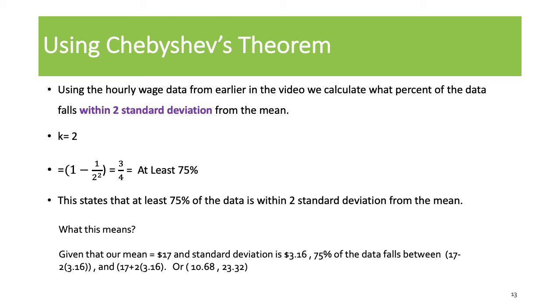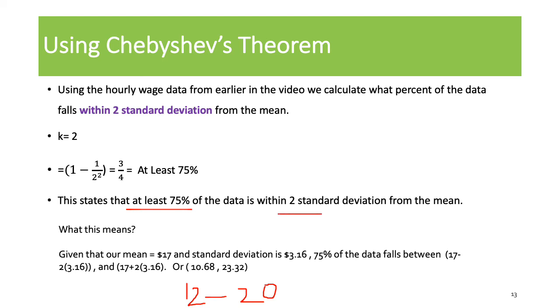And if we went back to that data set and looked at that chart distribution, we'd find that basically all of our data fit into this range between 10.68 and 23.32, because the data ran from 12 to 20. And so, in fact, this is a correct statement because at least 75% was within 2 standard deviations.